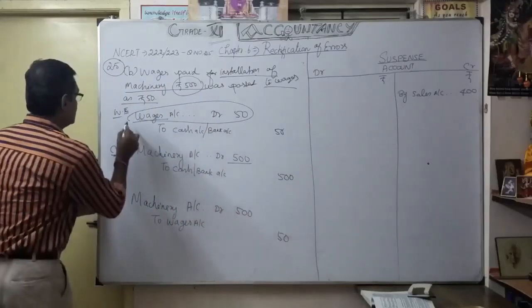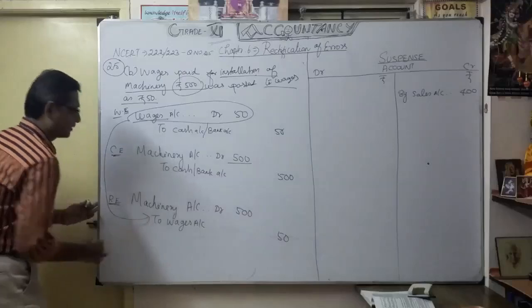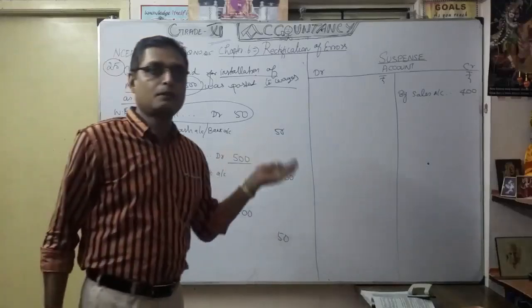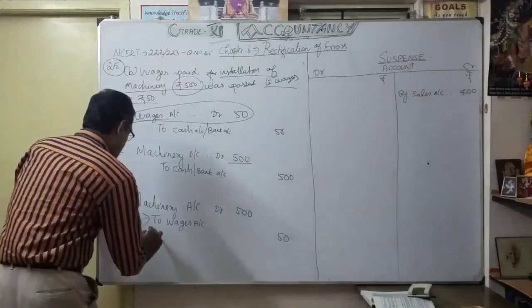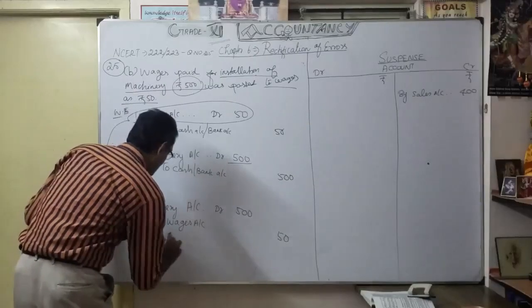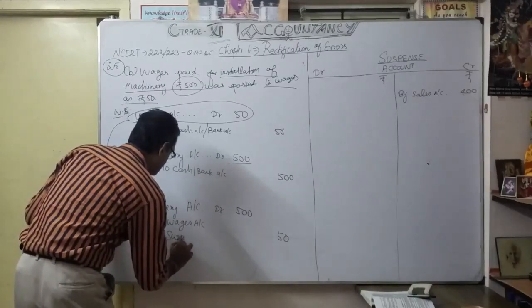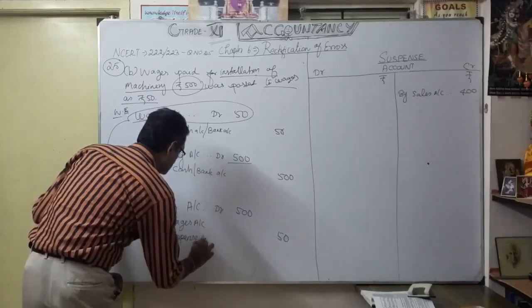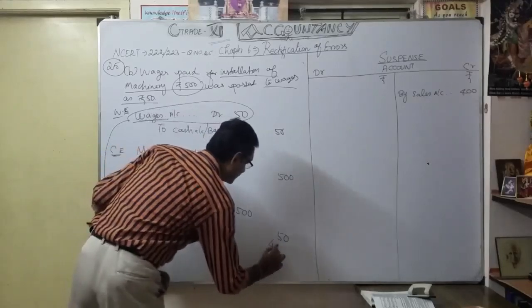Because earlier it was wrongly debited, now it is rectified. So what is the difference? You credit the Suspense Account, 450. Now understood.